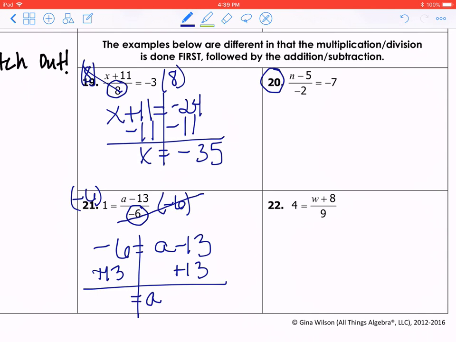So a equals 7. And again, try to write the variable first, so it's a equals 7. Please try 22 and all the other problems that I circled, and have a great night.